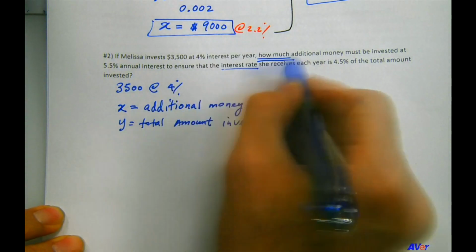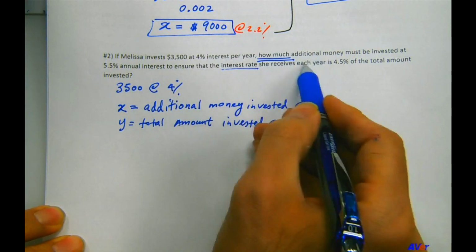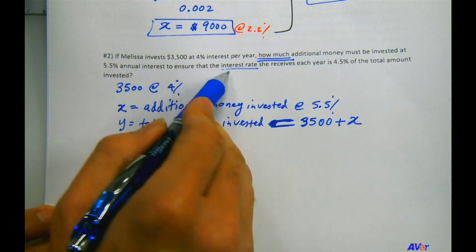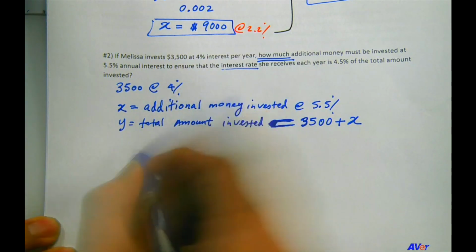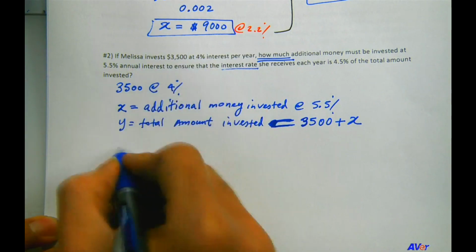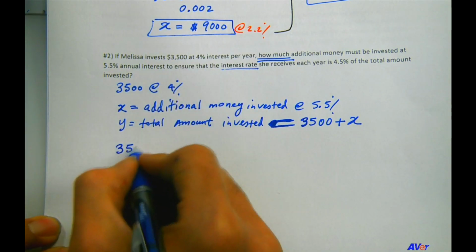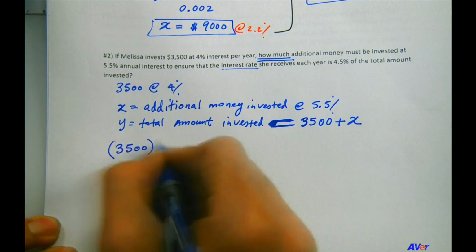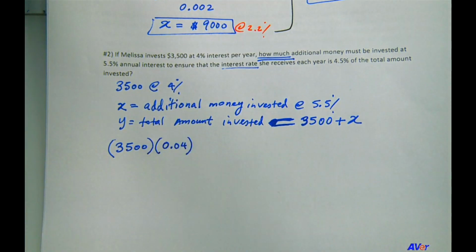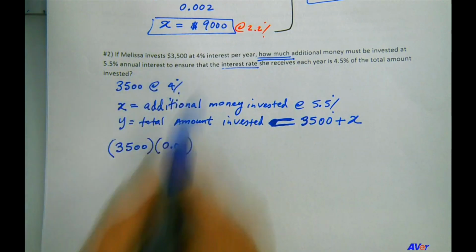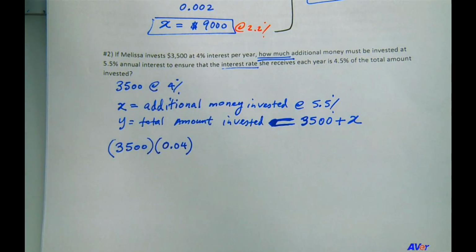How much additional money we're looking for is connected to the interest rate she's looking for. So 3,500 at 4% means 3,500 times 0.04, that's the initial investment that she's made.